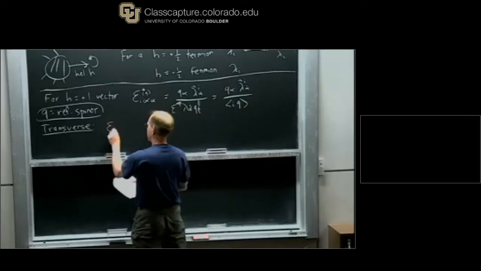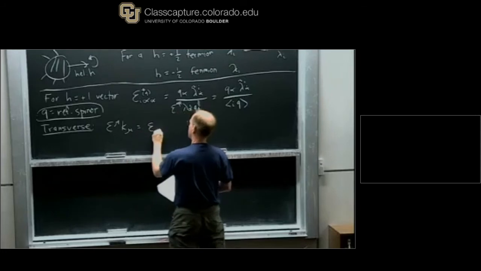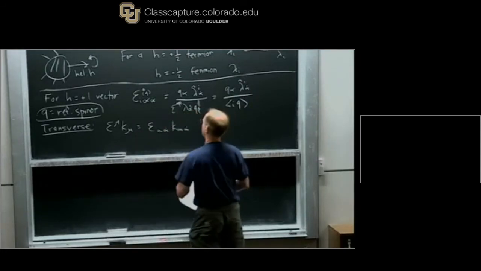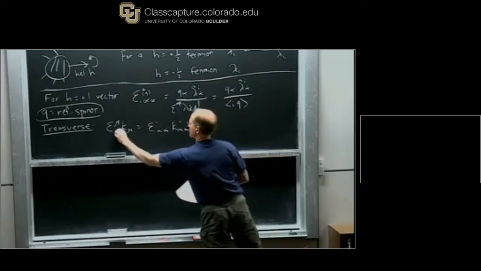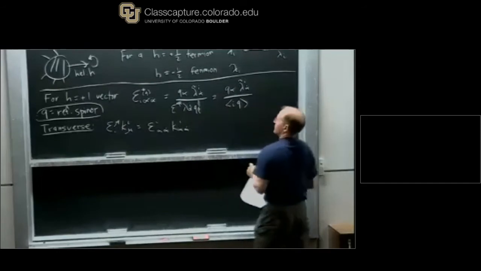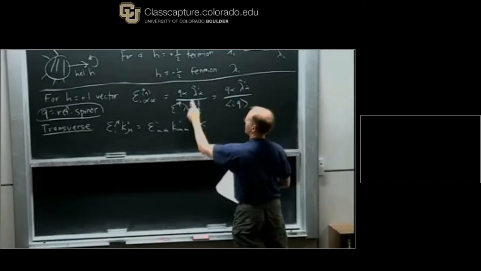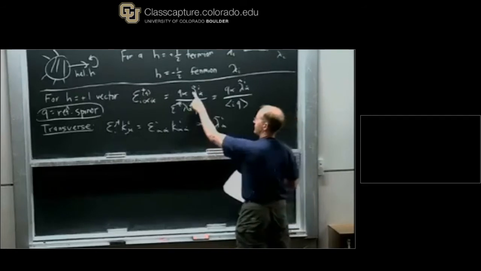That's a requirement for a photon or a gluon or whatever vector polarization vector. So you can check that, for example, epsilon mu k mu is epsilon alpha dot alpha k alpha alpha dot. And because we have a lambda, this will be proportional to a lambda alpha dot I from here.